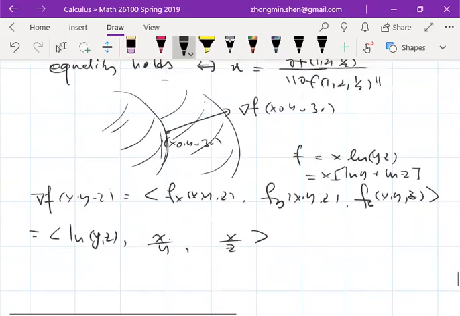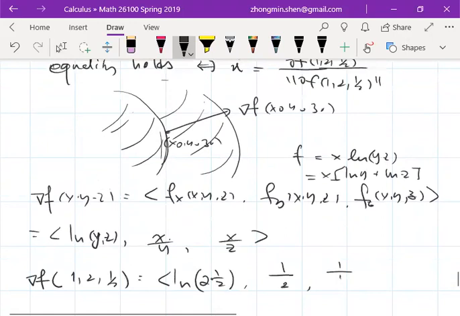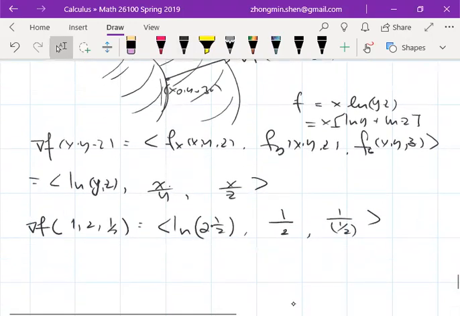At this particular point, it is natural log of 2 times 1/2, and x over y is 1/2, and x over z is 2. So after simplifying, it's going to be (0, 1/2, 2). This is the gradient of the function at that particular point.